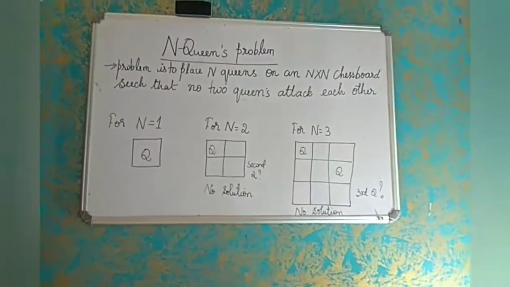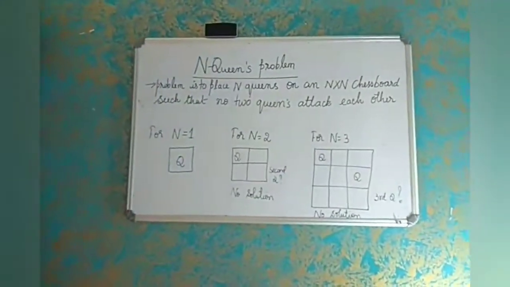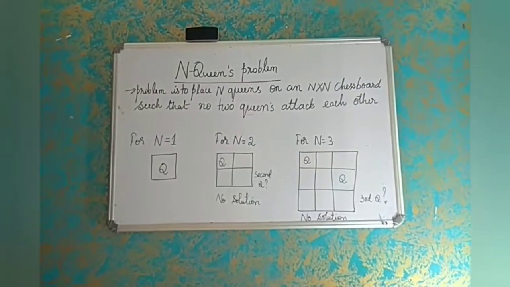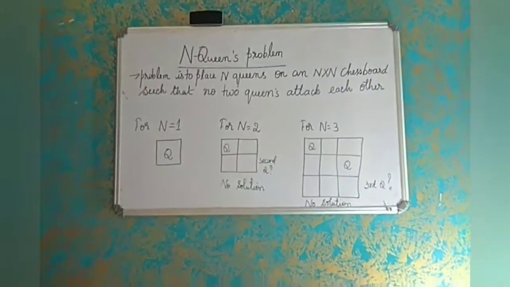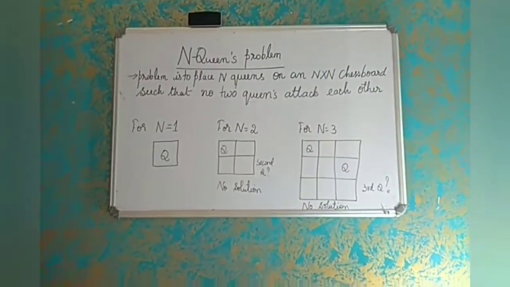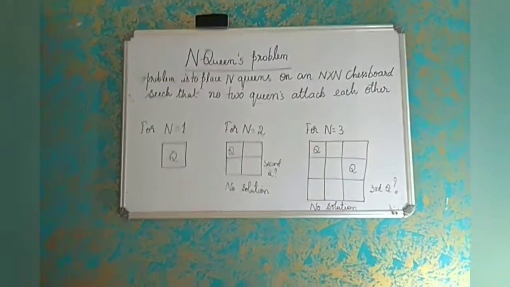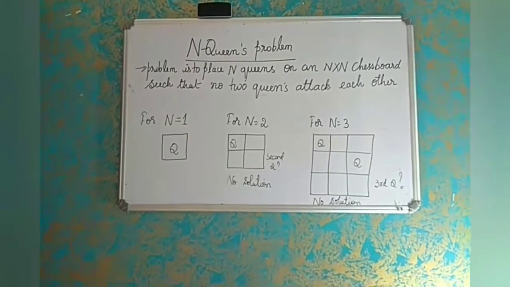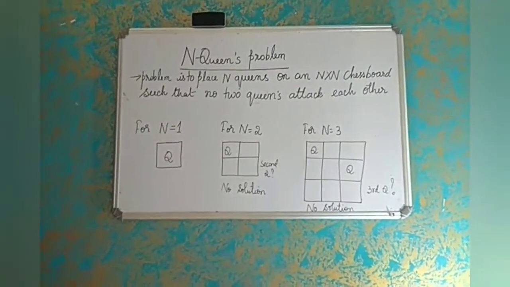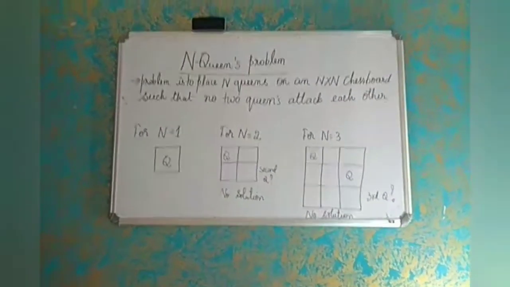Next we'll go to n is equal to 4 and check whether there is a solution. Yes, of course there is a solution for n is equal to 4, but how do we get the solution? Remember that in the backtracking method you have to get all possible combinations, all possible solutions.